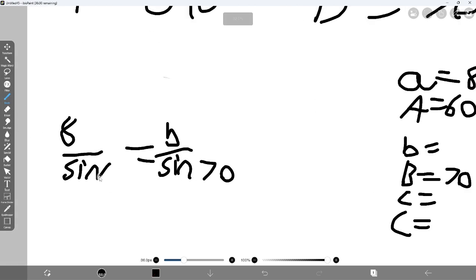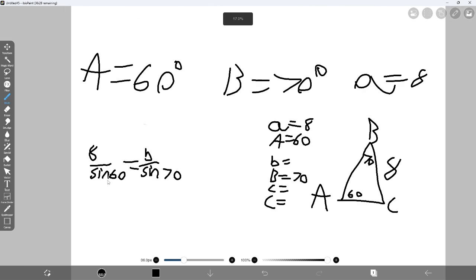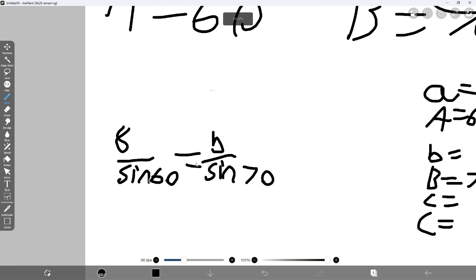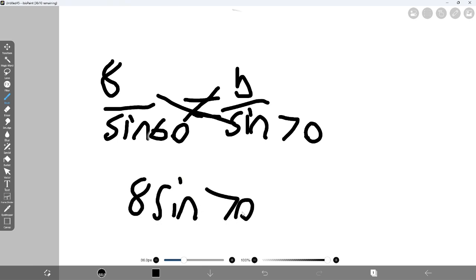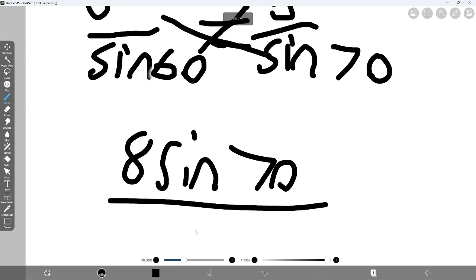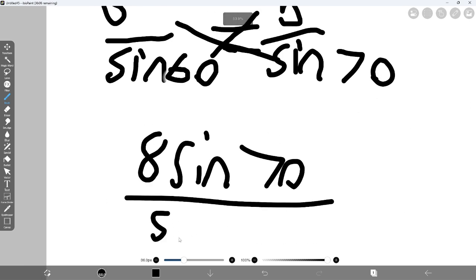Okay, so now that we have them plugged in, you're going to be like, what the heck do I do though? So you take your sine and we do something called cross multiply. This is how we get our answer. So it'd be 8 sine 70 under sine of 60.